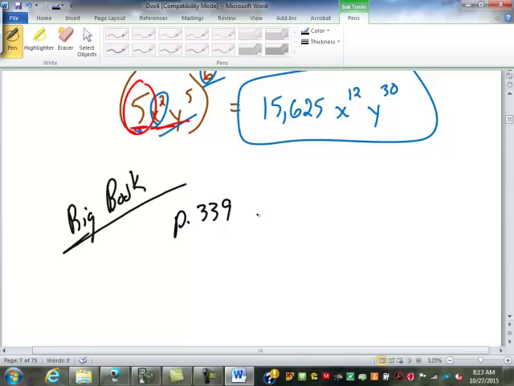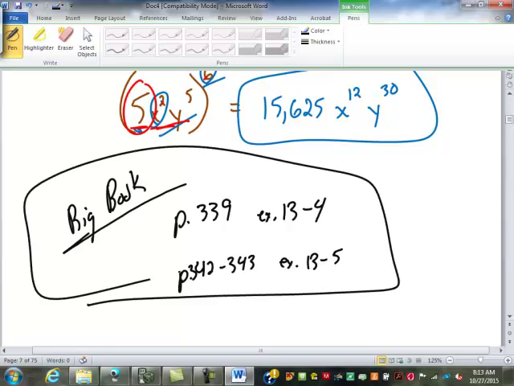On page 339, exercise 13-4 has some of these. And on page 342 through 343, exercise 13-5 has some other examples of this that you should maybe do.